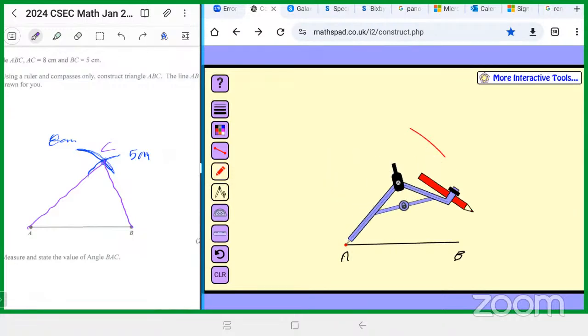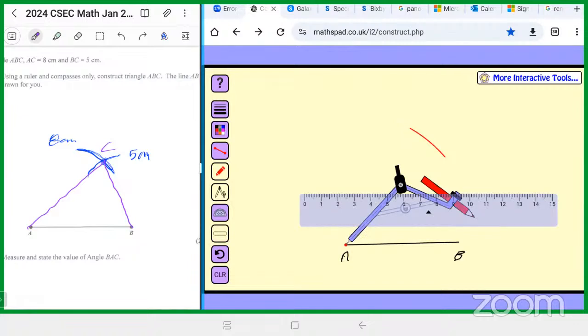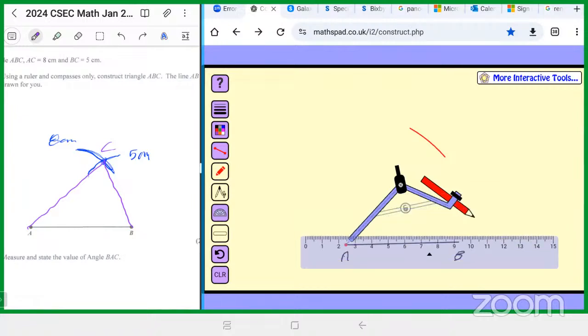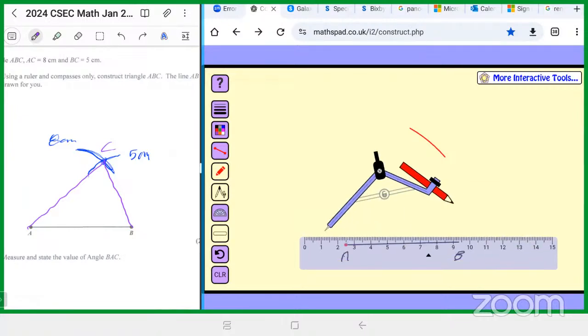So I need to now adjust it and do the 5 centimeters arc. I'm going to bring back the ruler and measure 5 centimeters on it. I'm going to adjust the compass now with the ruler to 5 centimeters, point to point.